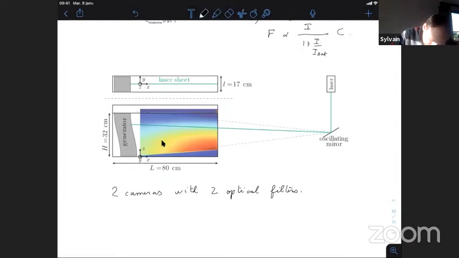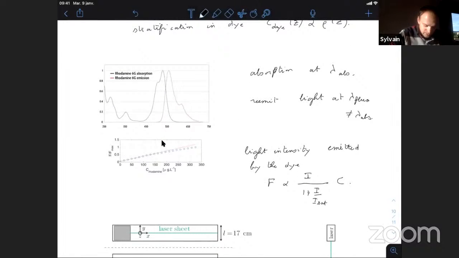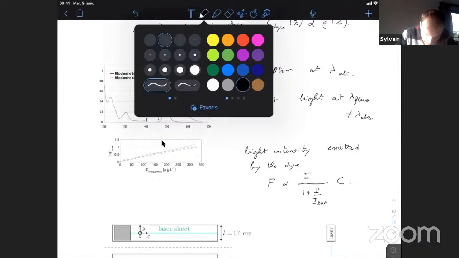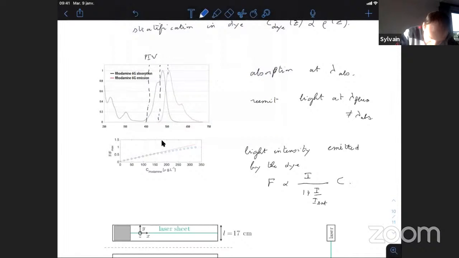One is dedicated to PIV, so you have an optical filter here that will remove the light. The other has an optical filter here, which is for LIF.